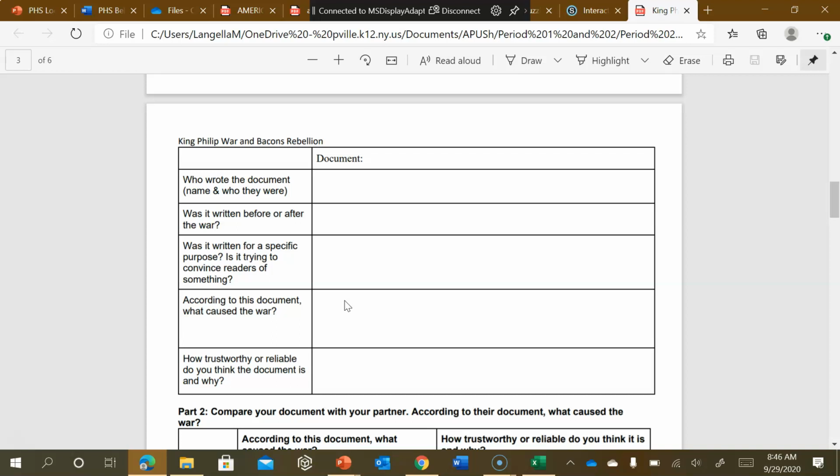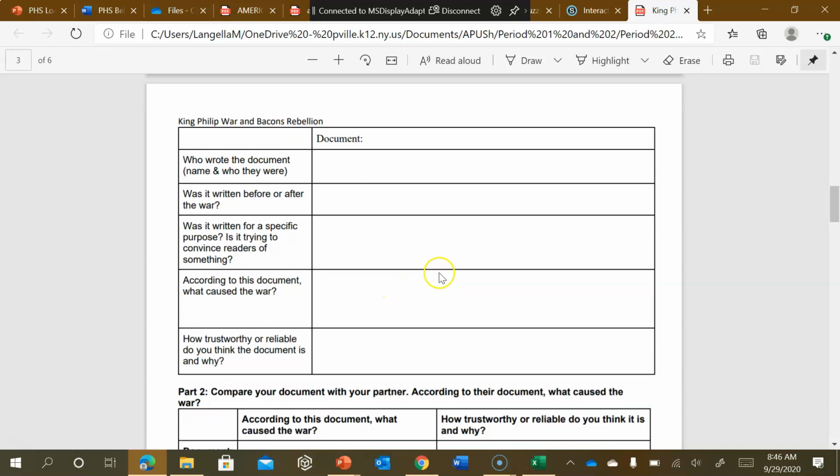And Metacom, or King Philip, according to the colonists, was trying to be a nice guy about it, saying, listen, I'm not trying to start a war with the colonists. We've been living in this area forever, and even my father had pretty good relations with the colonists. We're not going to cause havoc now. But he's trying to say there are some problems here that we need to fix, or else it's going to get pretty bad. So this document is trying to say that the English were the instigators.